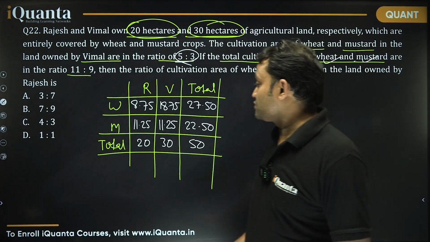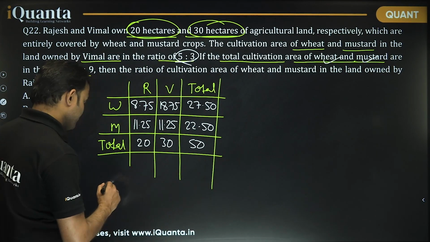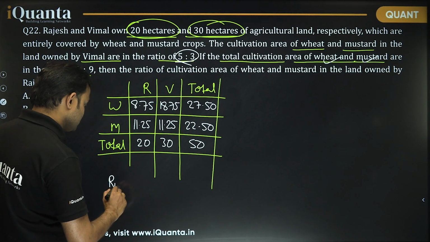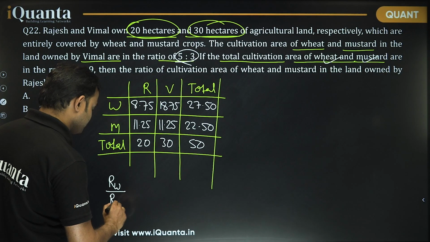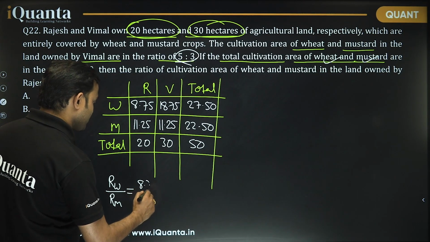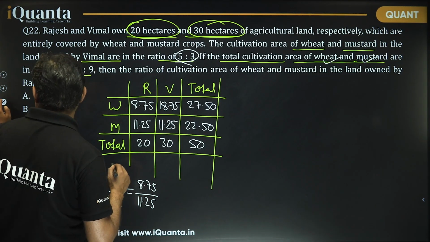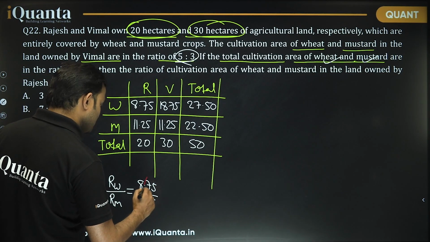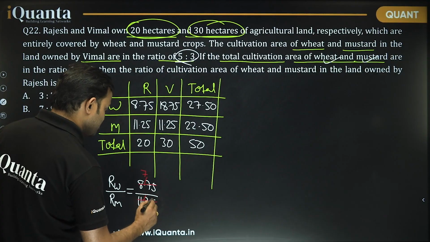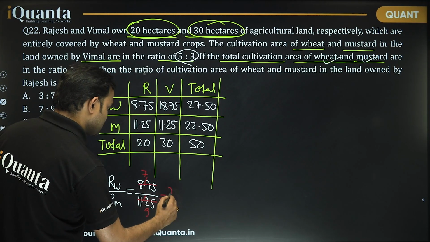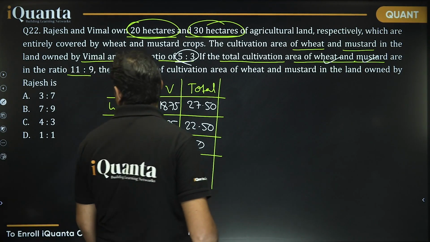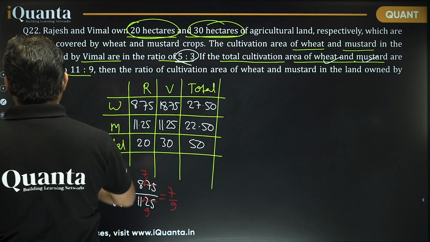So what's the ratio that we are looking for, Rajesh wheat crops to Rajesh mustard crops? 8.75 divided by 11.25. Both of these numbers are divisible by 1.25, so we should not have any issue solving this. So this will be 7 upon 9, 7:9, which is option B.